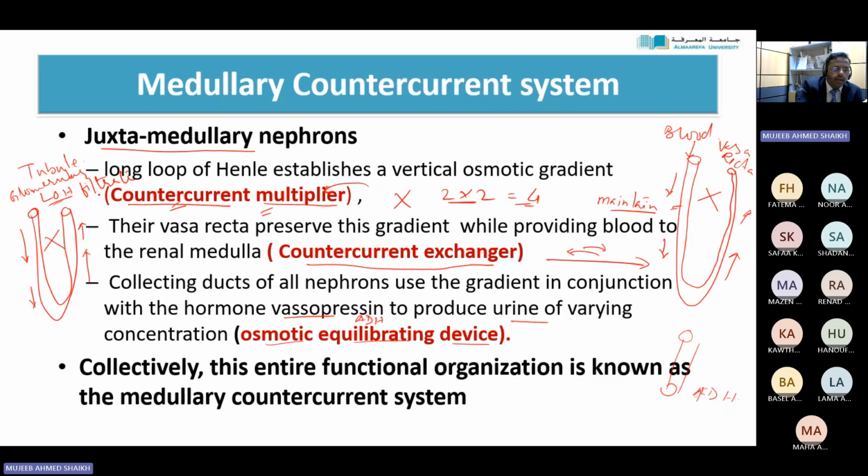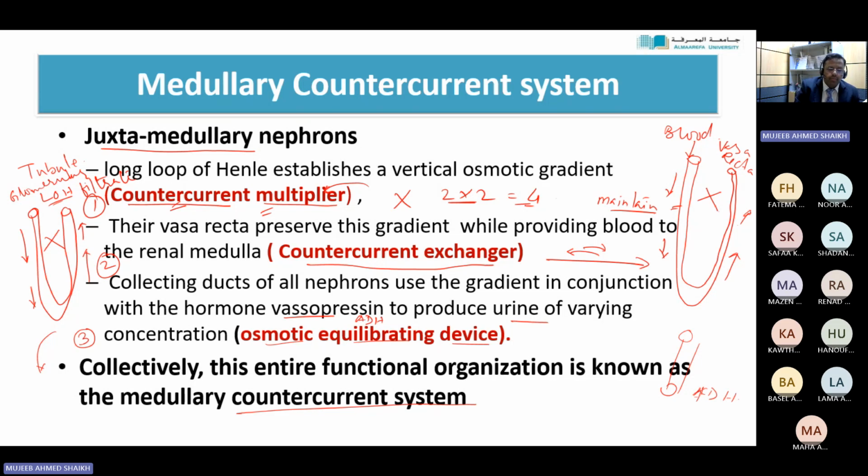Whole thing: number one, countercurrent multiplier. Number two, countercurrent exchange. And number three, the presence of ADH and its effect on the collecting tubule. All three are known as the countercurrent system. So countercurrent system means the collection of all these three elements.